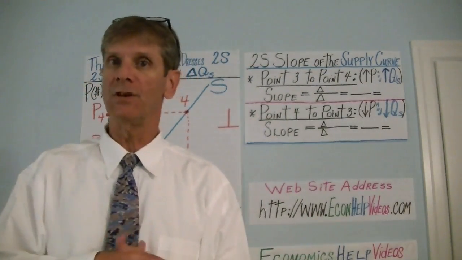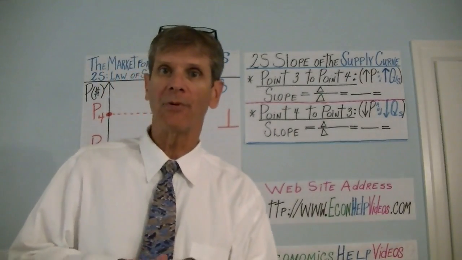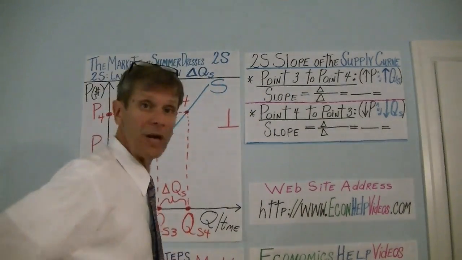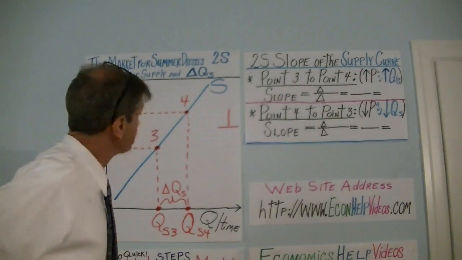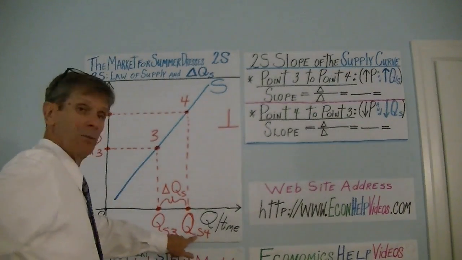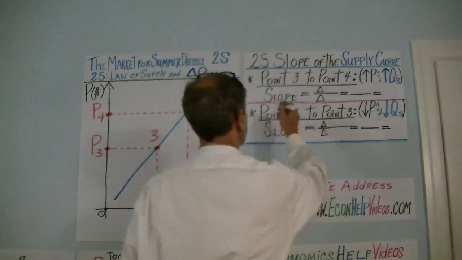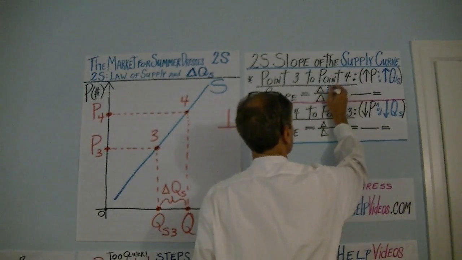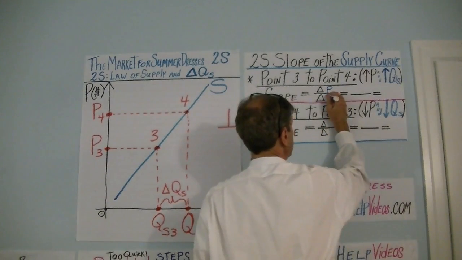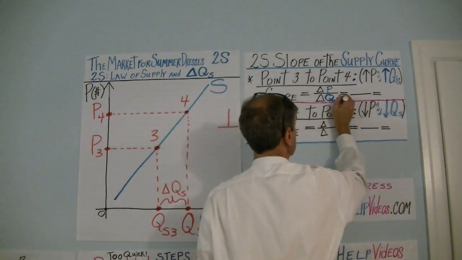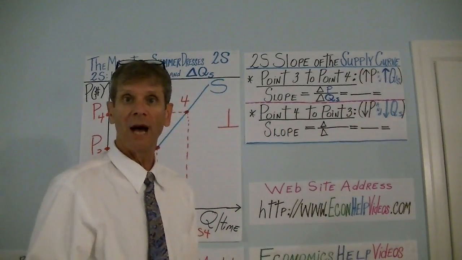The rise over the run kind of thing, if you remember from your math classes. Well, we don't have y and x here, okay? So what we have is price and quantity supply, okay? So we want to focus on change in price in the numerator, and then in the denominator, the change in quantity supply.